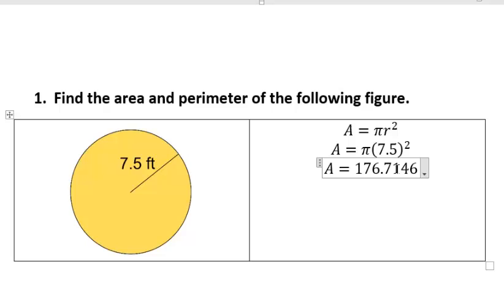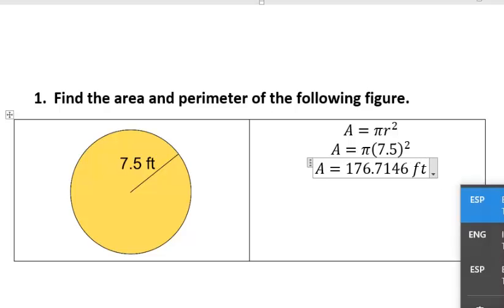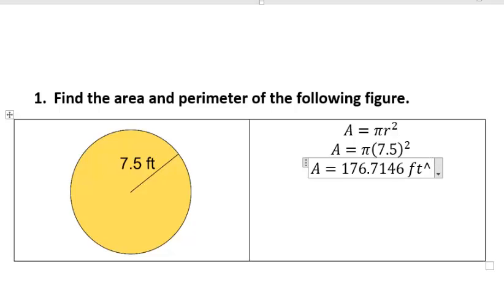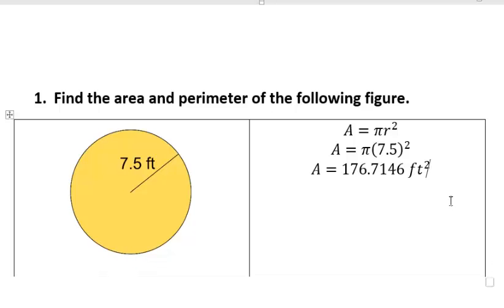Remember, we need to round and put 4 decimals in this class. Once we put the number, then we put the units. The units are feet, but in this case they're going to be square feet, so you need to put them squared. That will be the area.